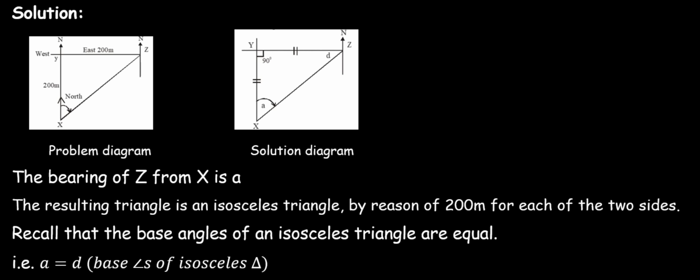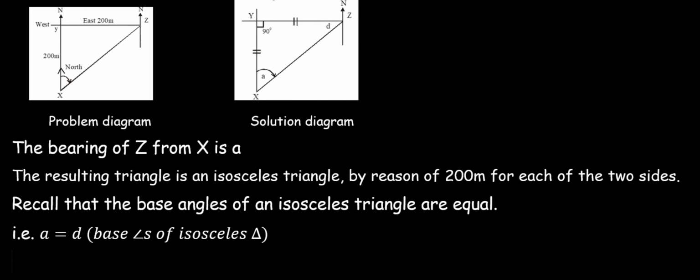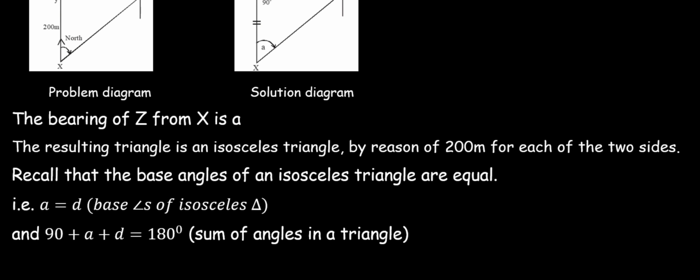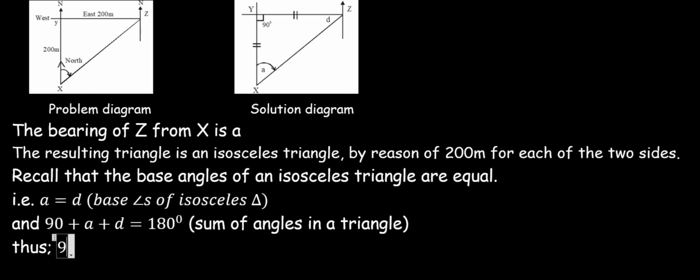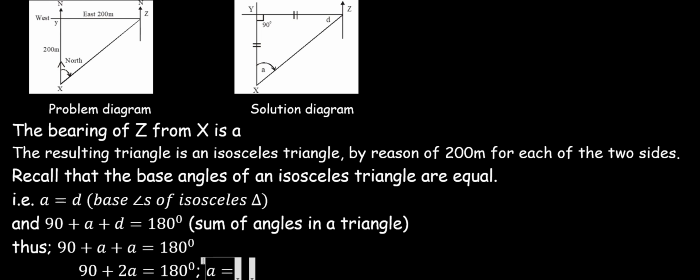We are still with the solution diagram, and 90 plus A plus D is equal to 180 degrees, sum of angles in a triangle. Thus, 90 plus A is equal to 180 degrees, because we have stated earlier that A is equal to D, and we gave reason for that. So it becomes 90 plus 2A equals 180 degrees. And from there, A is equal to 45 degrees.